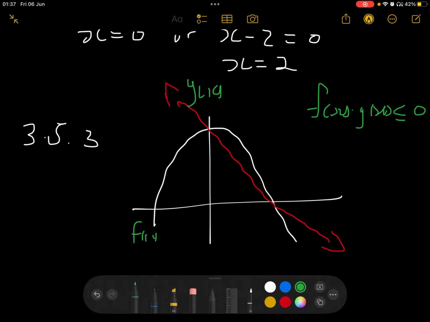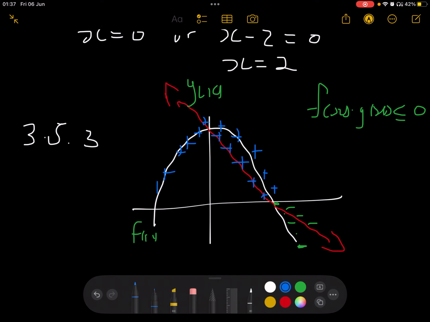And on this side, the graph is negative and this one is negative, until it gets to here, where it's 0. And then it's going to be positive, positive, positive, still positive.